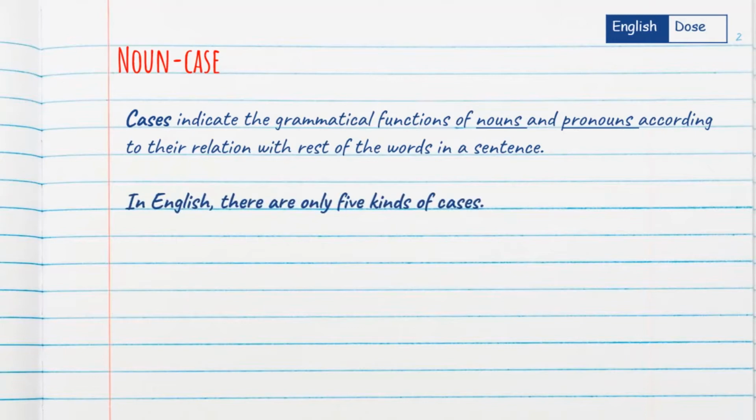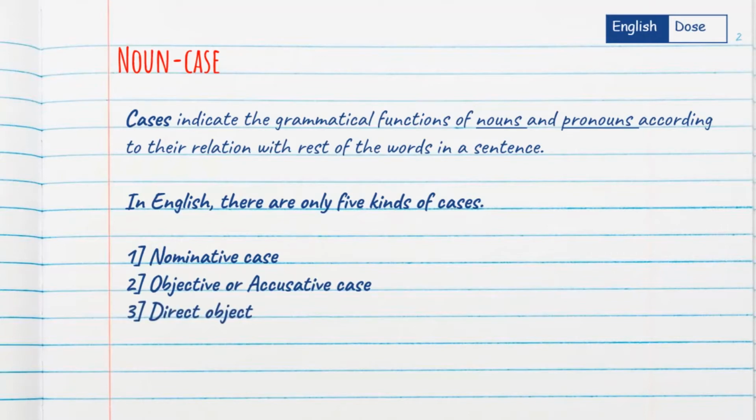In English, there are only 5 kinds of cases. How many kinds of cases in English? There are 5 kinds of cases in English. First one is nominative case. Second one, objective or accusative case. Third, direct object. Fourth, indirect object. And fifth, possessive case. So students, in this video, we are going to cover noun case.